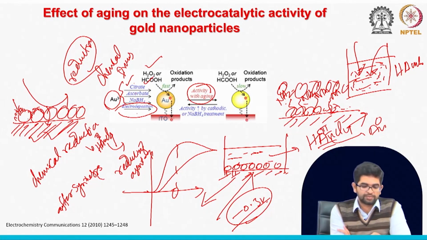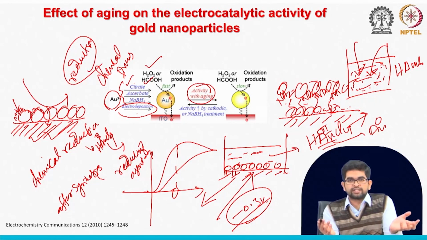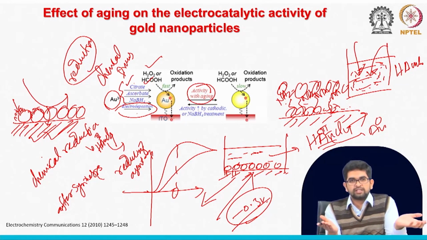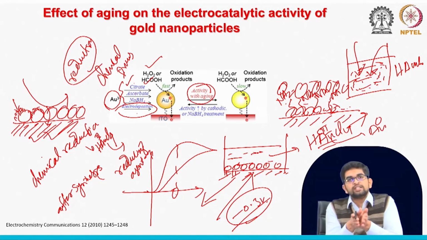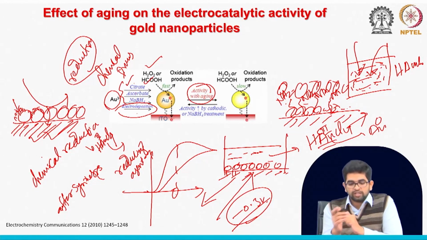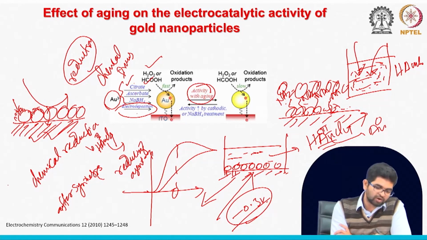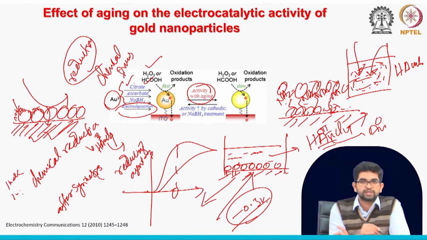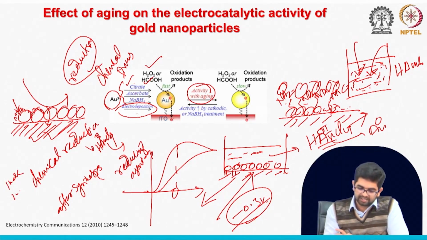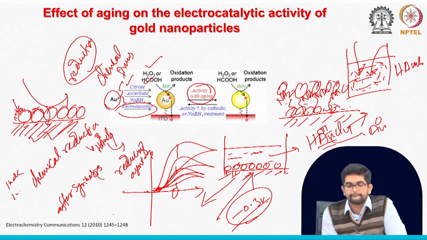If it is just a bare gold nanoparticle coated sensor surface, or just a gold coated surface, keep it inside the solution. Then if you check their electrocatalytic activity after a long time, like after 1 week, a month, or 6 months, you may see the decrease of the catalytic activity is slower than in the open air.